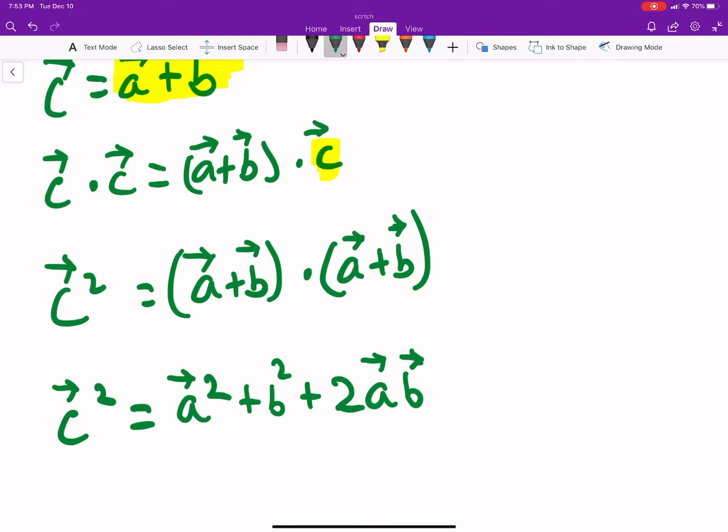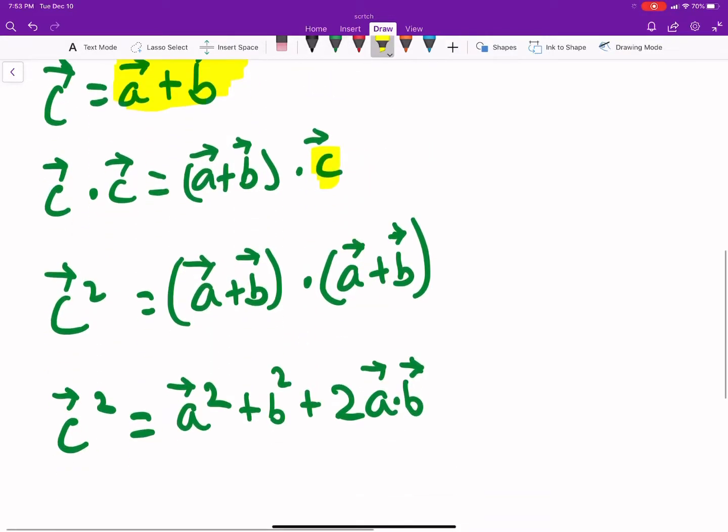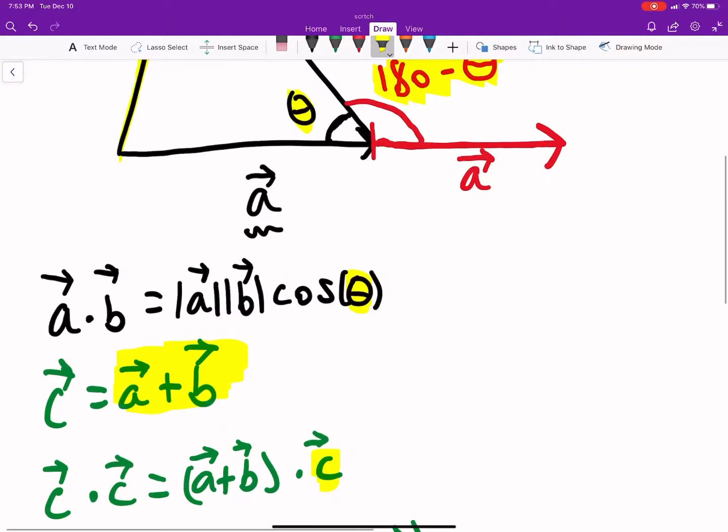Okay? But this part, A dotted with B, I'm going to replace with this, because they're equivalent, so I can do that.